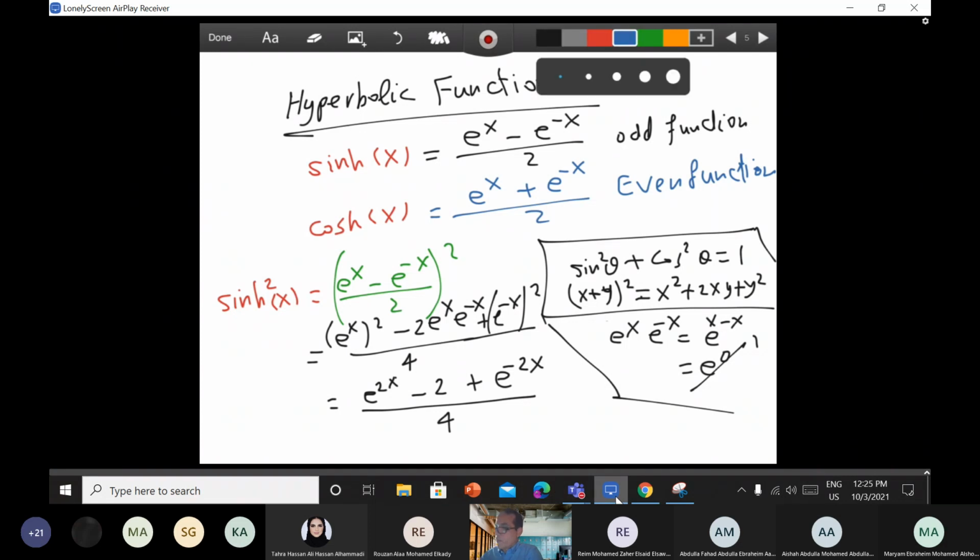Let's go for the cosine square. Cosine square x. What do you have in this case? Yes, it is e to the x plus e to the minus x.